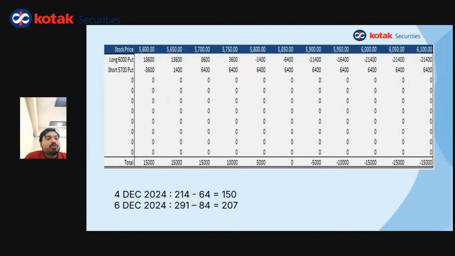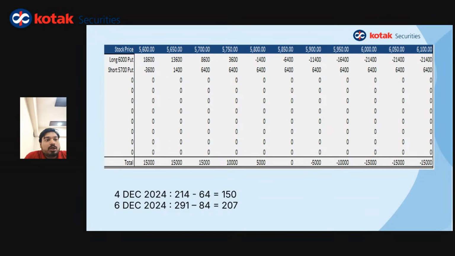So it moved by almost 65, 67 points. But the out of the money put option did not increase as much. 5,700 was the out of the money put option, which increased from 64 to 84 only.